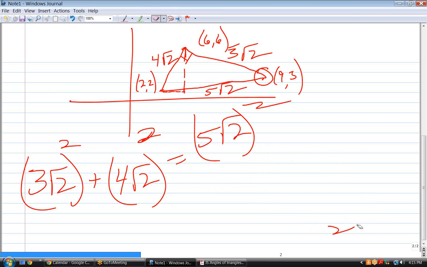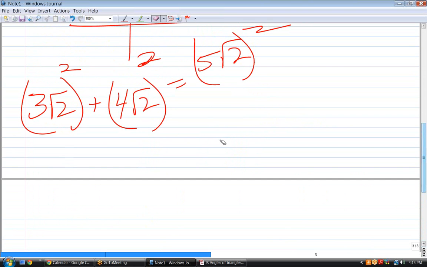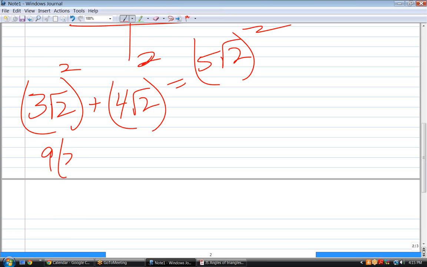Well, what is 3 root 2 squared equal to? Square both terms. What's 3 squared? 9. What's square root of 2 times square root of 2? 2.